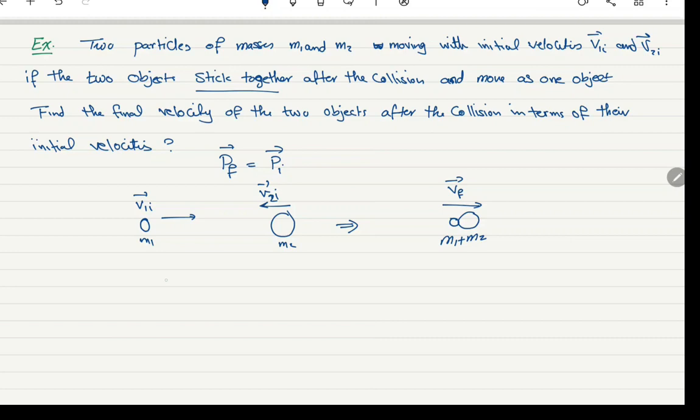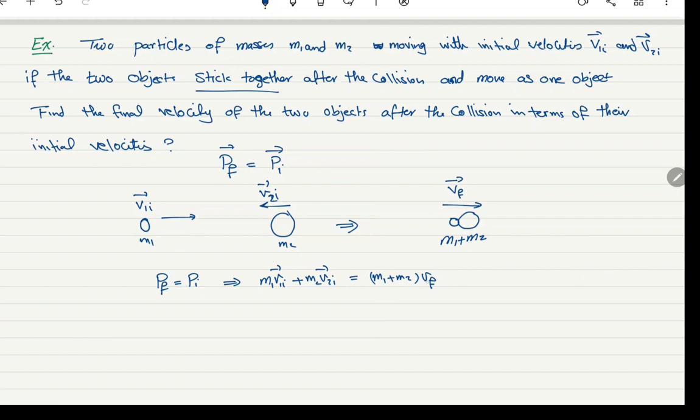Now only momentum is conserved, which means P final equals P initial, or m1 v1 initial plus m2 v2 initial equals m1 plus m2 times v final.